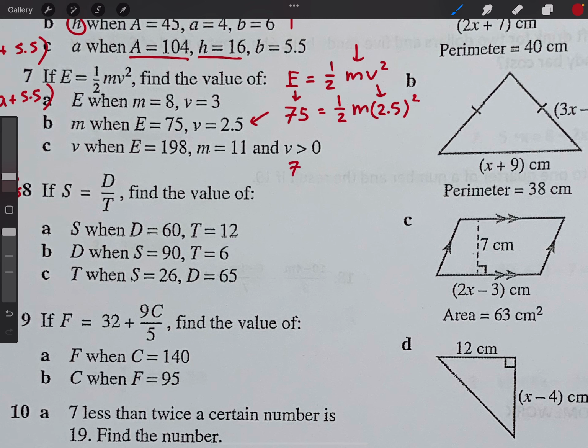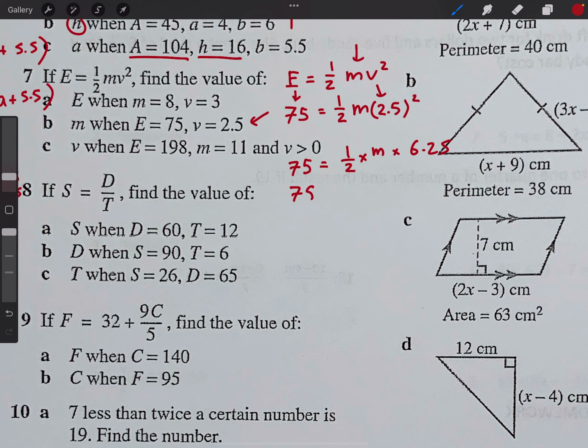So 75 is equal to a half times m times 2.5 squared. I think that's 6.25. Just going to double check if that's correct. Yep, 6.25.